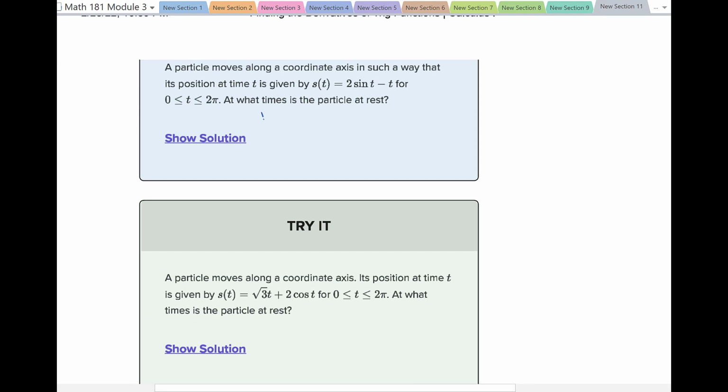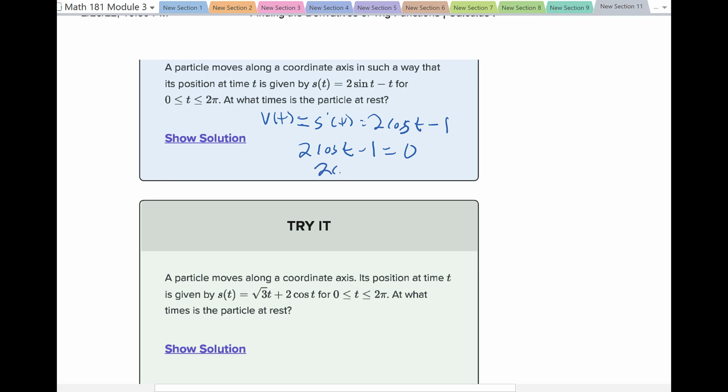Our velocity is the first derivative of the position function. So the derivative of sine is cosine, 2 cosine t minus, and the derivative of t is 1. So we're going to take this 2 cosine t minus 1 and set it equal to 0, because that's when the velocity is at rest.